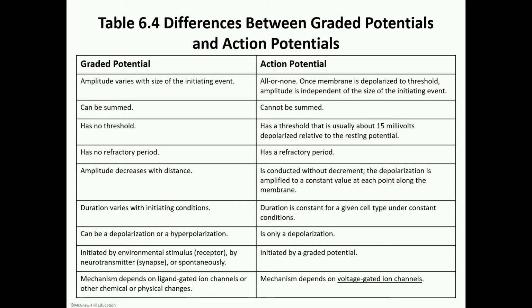The conduction occurs without a gradual decrease in the level of action potential. Okay, so the duration is constant, so it'll go throughout down that whole nerve. It is only a depolarization. Okay, an action potential does not mean that you have hyperpolarized the nerve.